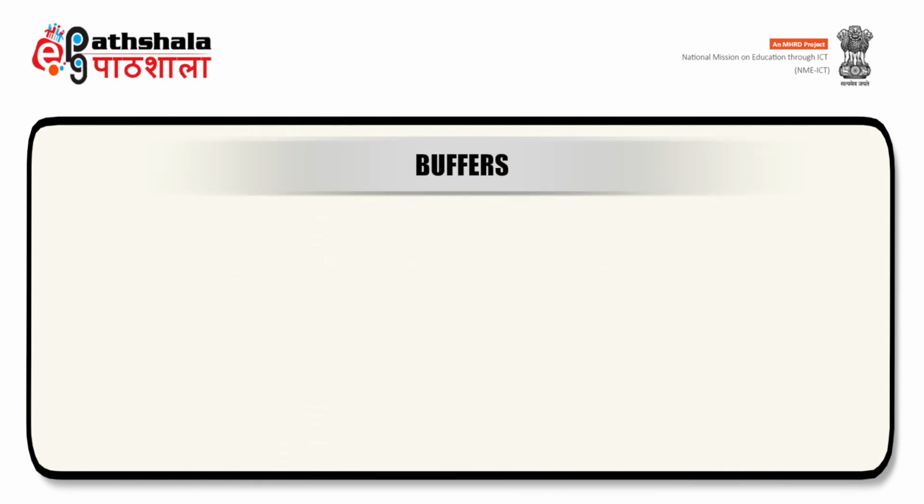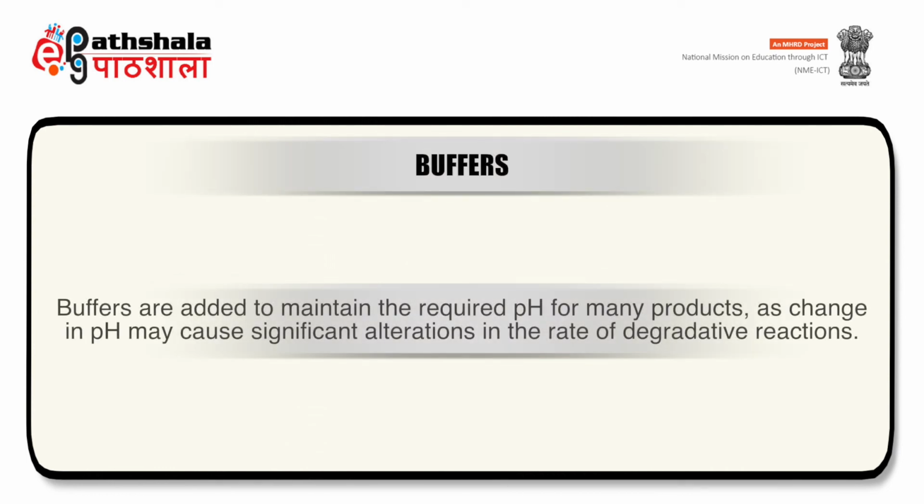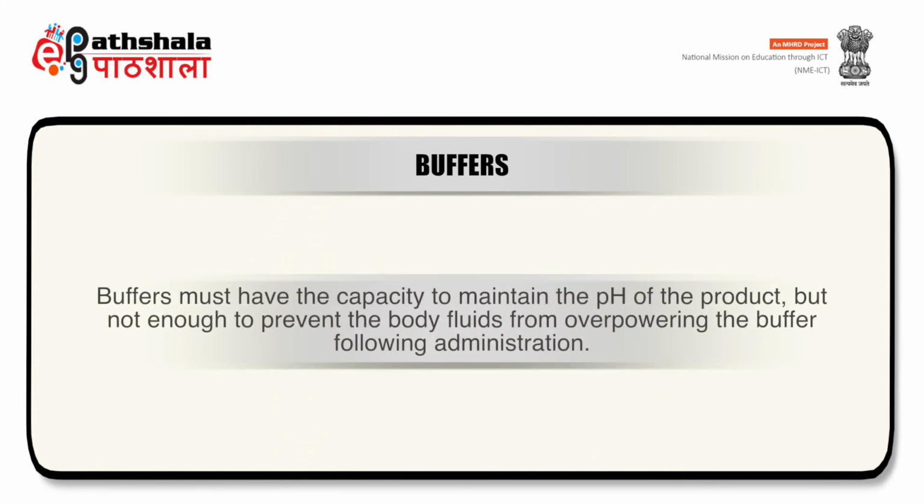Next formula ingredients are buffers. These are added to maintain the required pH for many products, as change in pH may cause significant alterations in the rate of degradative reactions. Buffers must have the capacity to maintain pH of the product, but not enough to prevent body fluids from overpowering the buffer following administration.